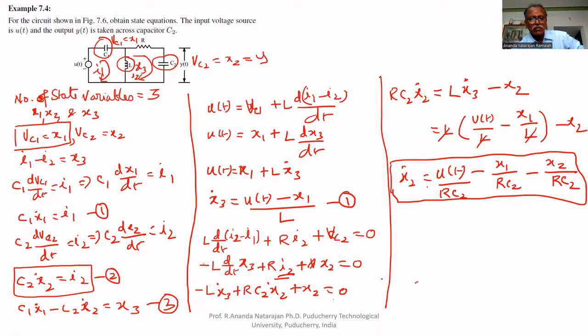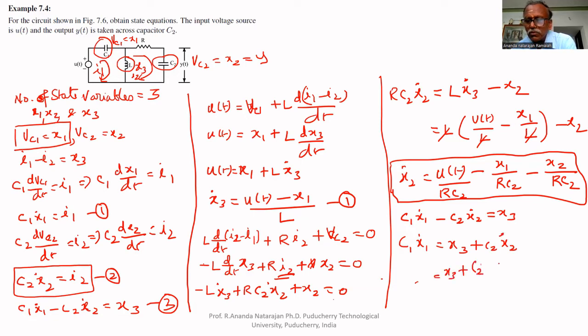Similarly, we have to find the expression for x1 dot. For that, let us consider equation 3. That is C1 x1 dot minus C2 x2 dot equal to x3, or C1 x1 dot equal to x3 plus C2 x2 dot. Already we know x2 dot, so we have to substitute here: u(t) divided by RC2 minus x1 divided by RC2 minus x2 divided by RC2.